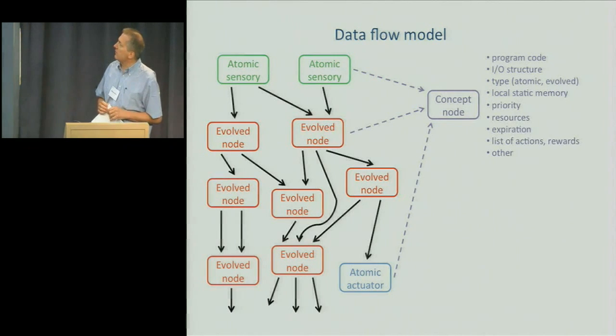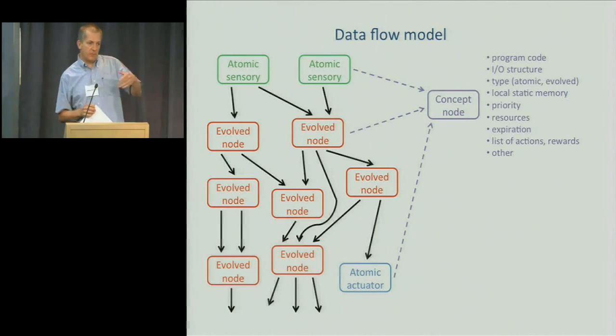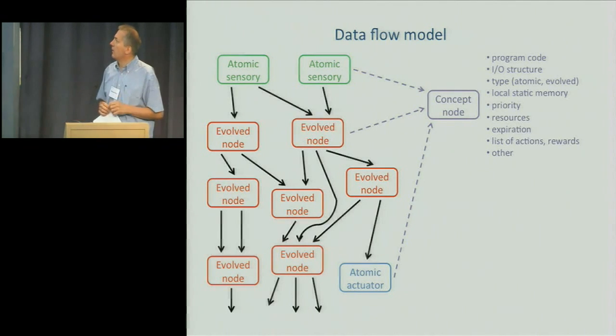And a concept is a program code built into this node, and also an I/O structure, meaning how many inputs and outputs it has. There is also a type, whether it's atomic or evolved. There are other fields: priority, resources, etc. And of course, there's a list of actions and rewards, values that are updated during learning.